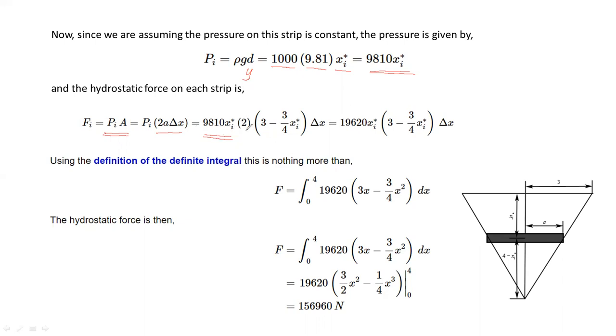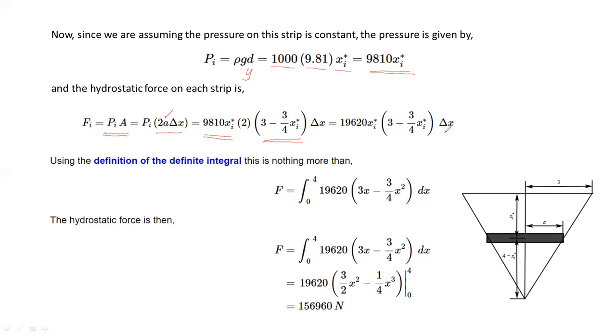We have the 2, and the a here that you see was changed to the a expression that we got in the previous slide using the principle of similar triangles. So we took it from the other slide. Then you have delta x. So if we simplify everything, you multiply this 9810 by 2, that would be 19620, copy x sub i asterisk, copy this expression, and you have delta x.